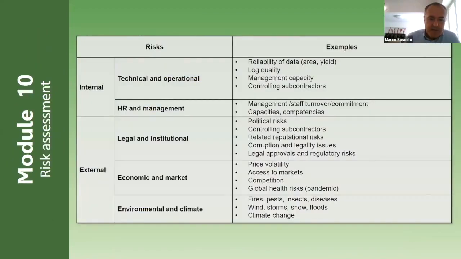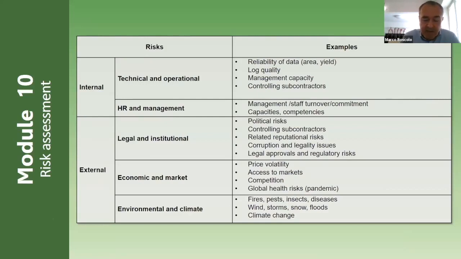And last but not least, any business involves risks. And here you see that there are different types of risks. They can be technical risk. For example, we don't know to what degree we can control subcontractors. They might be related to HR and management issues.